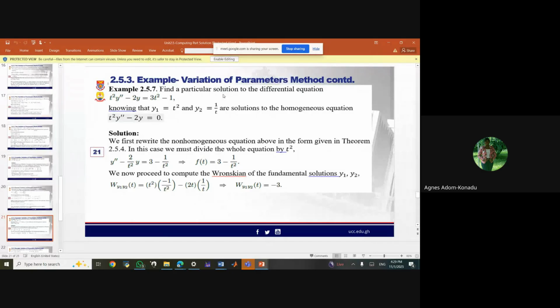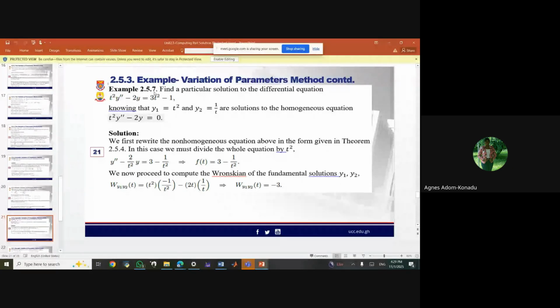You have to find the first derivative and second derivative, and when we solve, we're going to get y1 to be t squared, and y2 to be 1 over t. Please take your time to solve this equal to 0. So these are the solutions to the homogeneous part.